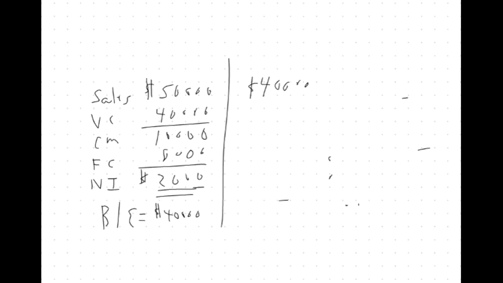We hope to get a net income of zero. Well, the next line says variable cost. How do you find the variable cost at $40,000 of sales? How are you going to figure out this number?